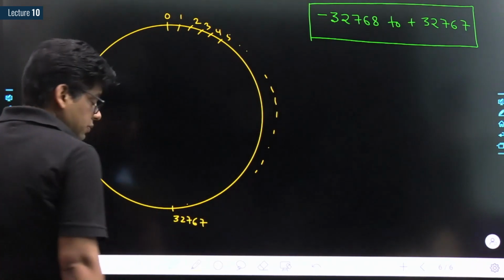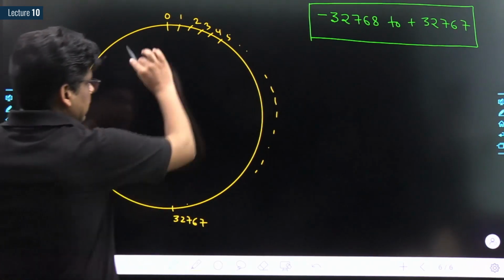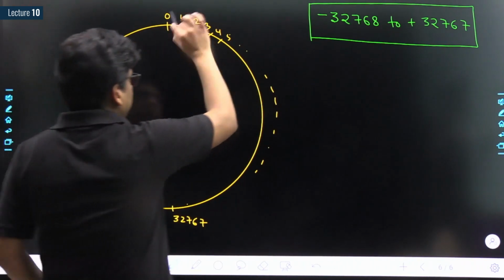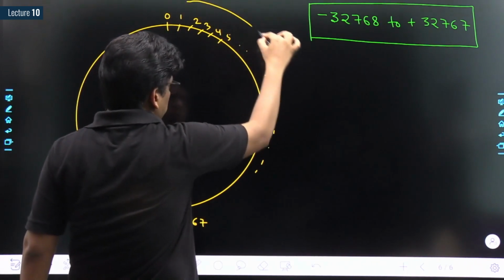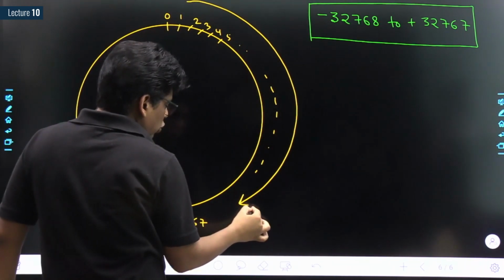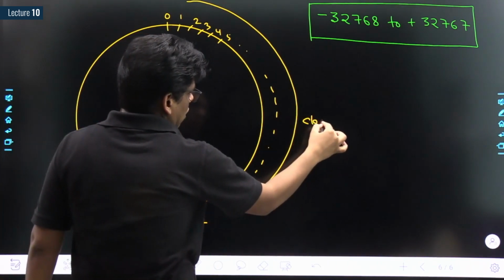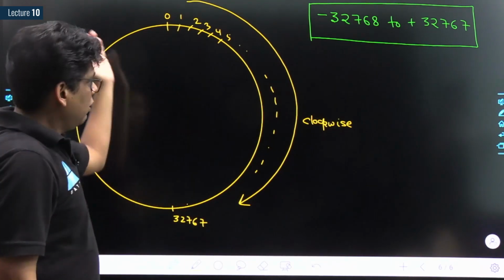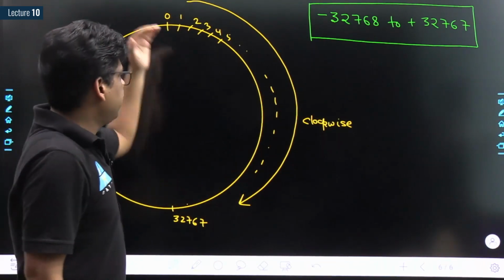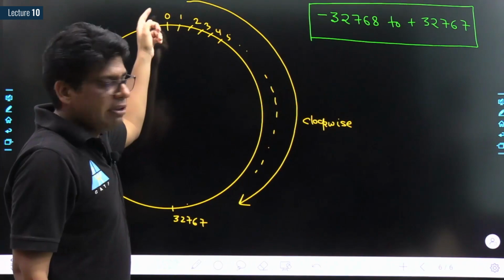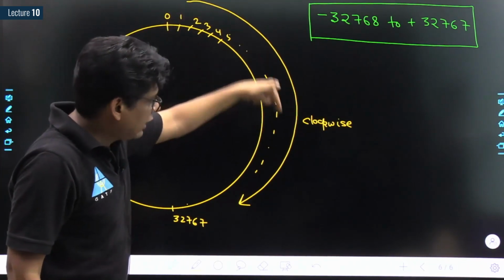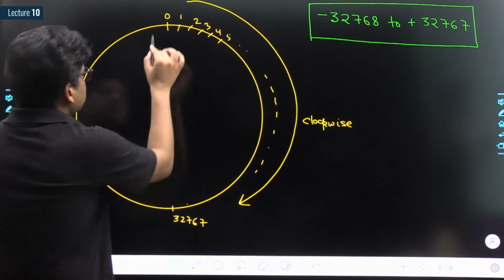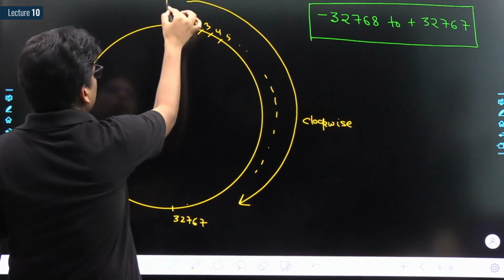These are positive values. For positive values, we move in the clockwise direction, for increment. Everything starts from here.